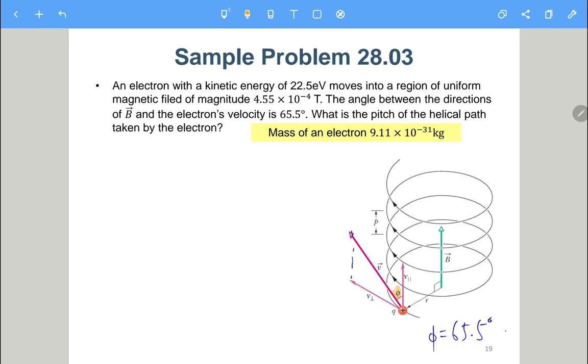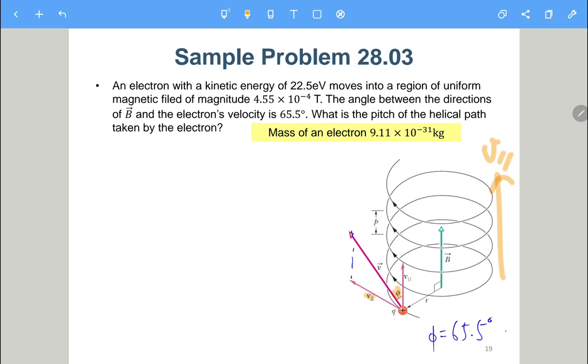The perpendicular component of the velocity will make the electron have circular motion on this plane. However, it also has a component parallel to the B field, which means that due to V parallel, the electron will move in this direction.